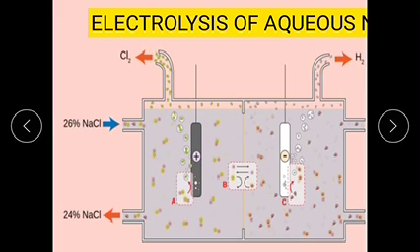The Cl- ions move towards the anode side and give Cl2 gas. The hydrogen ions move towards the cathode side and give up hydrogen gas.